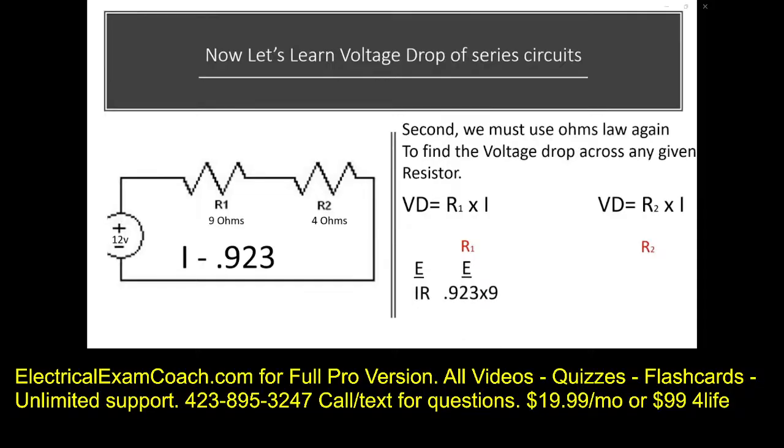In this case, we know the I and we know the resistance, and we're looking for the voltage drop. So we just multiply those two together. On this other side here, we just plug in the knowns, and we know the amperage and the resistance, and we just multiply that, and that's going to give us the voltage drop.